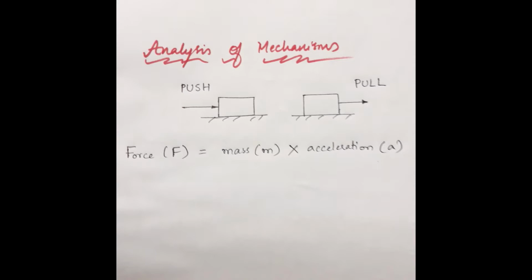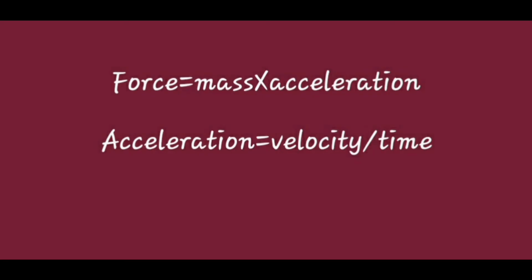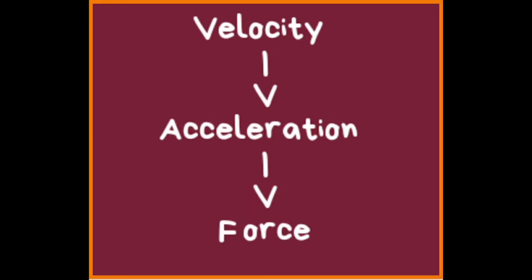So we can find force from the acceleration it produces, and acceleration is velocity dependent. So velocity analysis becomes a prerequisite to acceleration analysis, which is followed by force analysis.